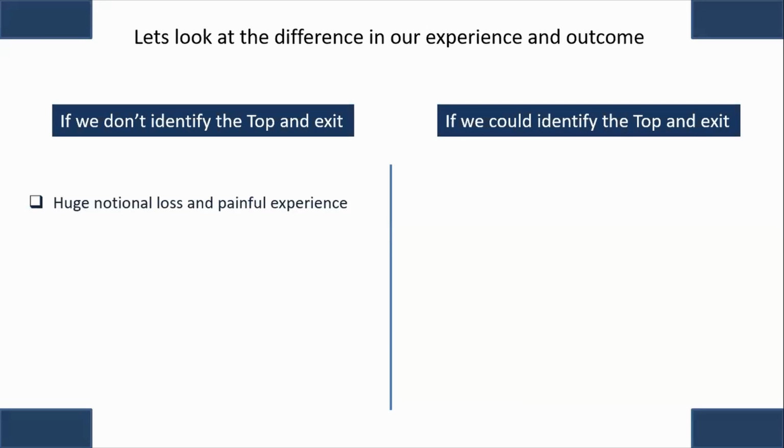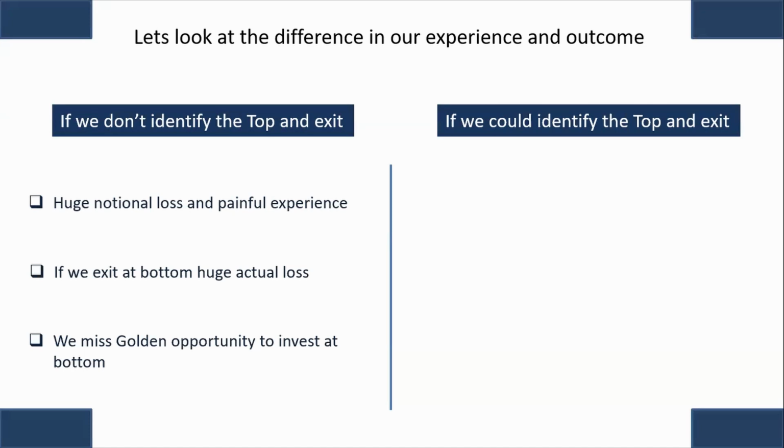So we would incur huge notional loss and a painful experience. And if we panic and exit after a 40, 50, 60% loss, then the actual loss will be huge. And we will also miss the golden opportunity to invest at the bottom because that is when you are exiting, right? That too at a huge loss.